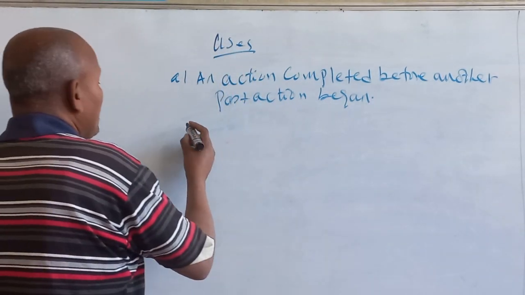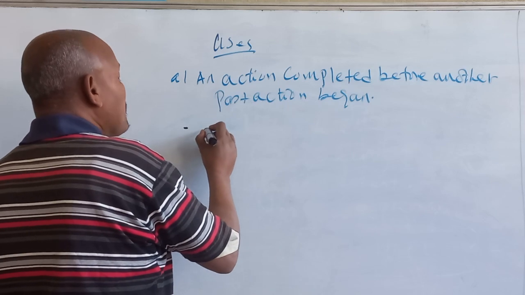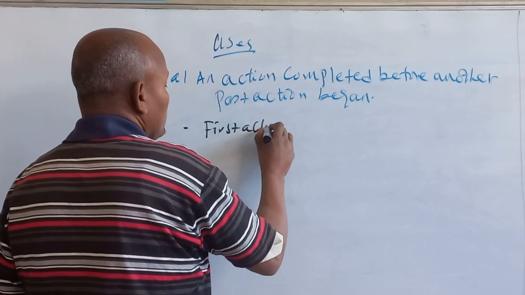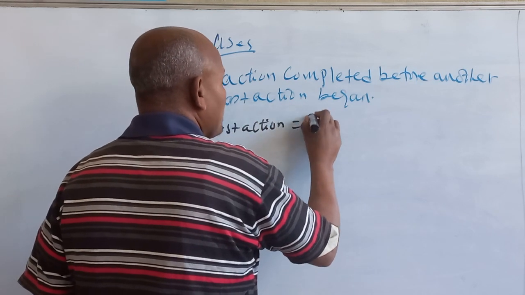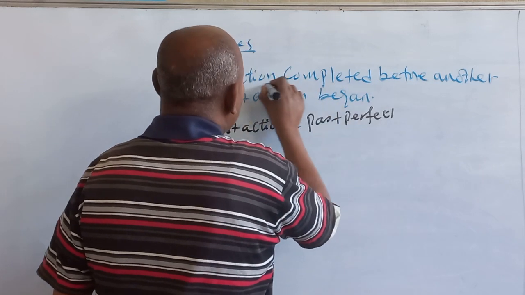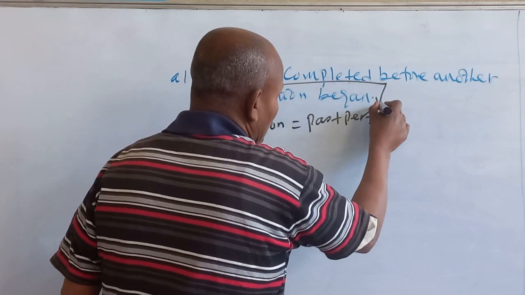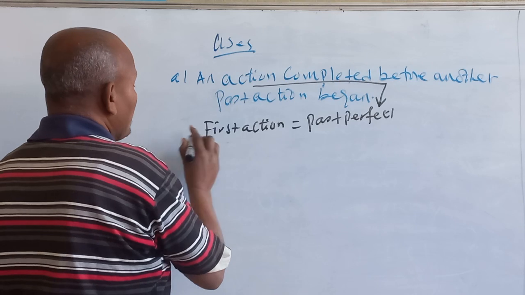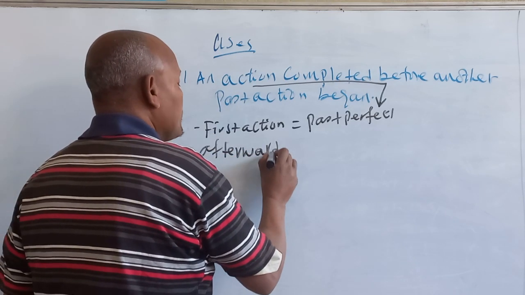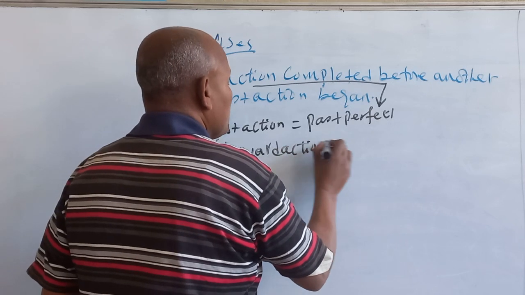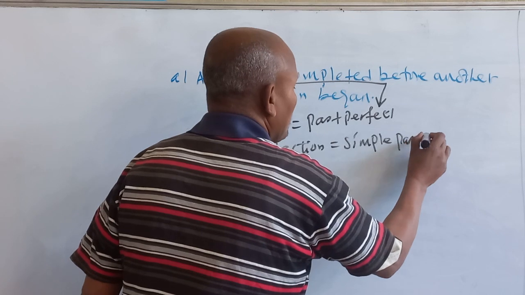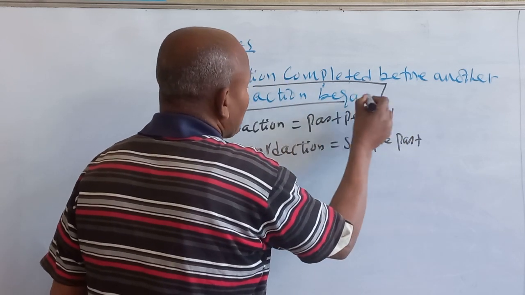Before going there, very important key issues. The first action is the past perfect, the completed action. And the afterward action is the simple past, another past action began.